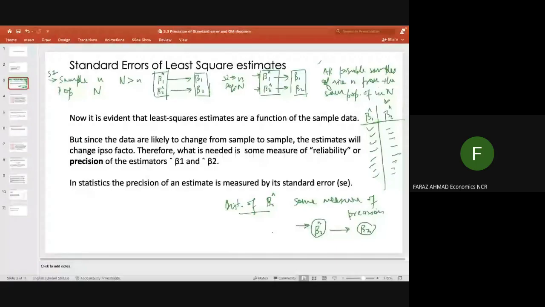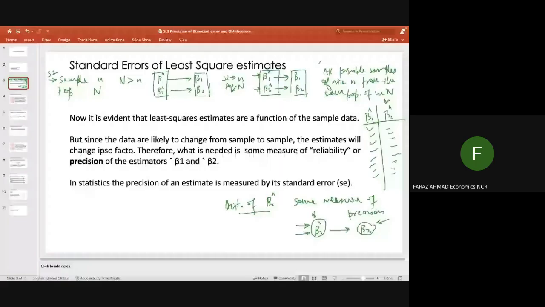Although we don't know the true beta 2, we have methods that will make us understand how precise our beta 2 hat is. And standard error is an important contributor to this whole mechanism of using an estimator beta 2 hat to say something about the population parameter beta 2. In fact, standard error is a measure of precision.